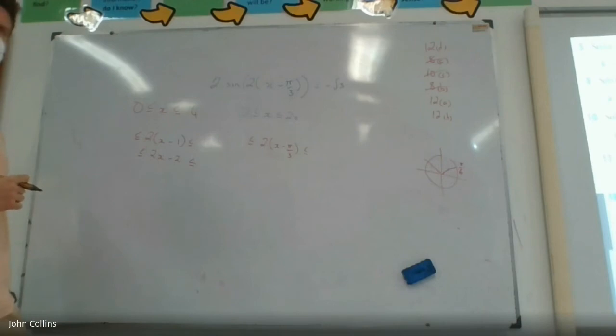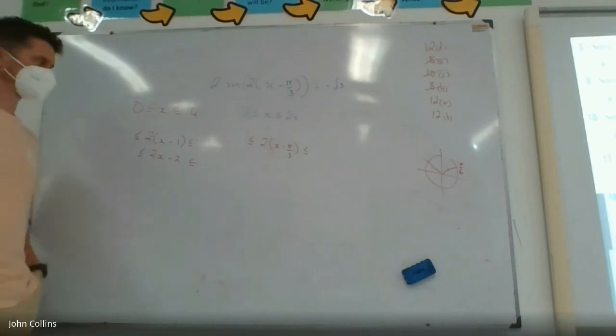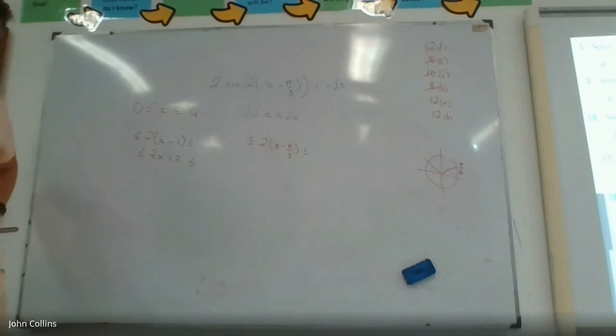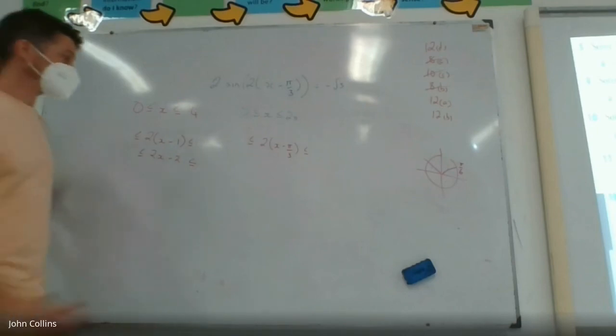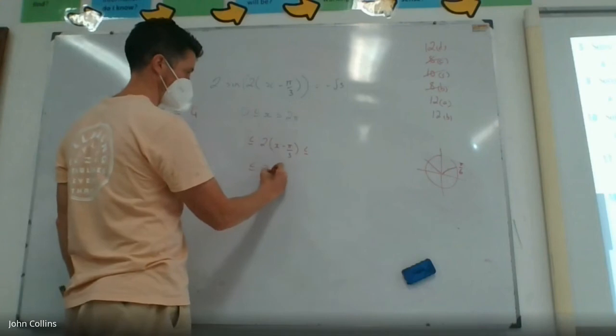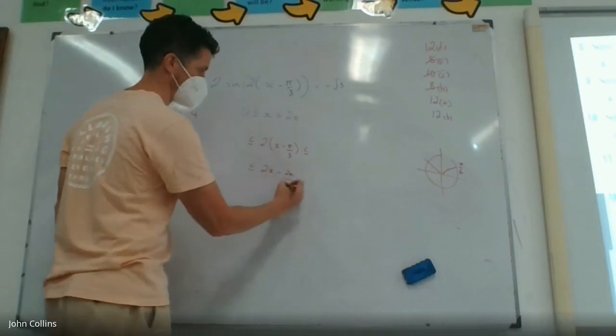Laura, your question? But I do this by experience. And then minus. You see a mistake? Yes. The 2 is applied to both the x and the minus pi over 3, isn't it? So what this actually is 2x minus 2 pi over 3.